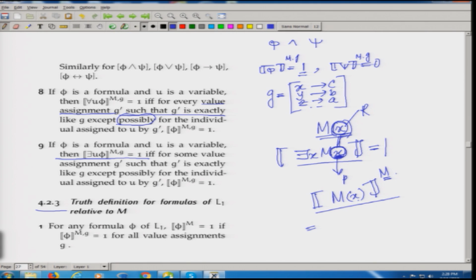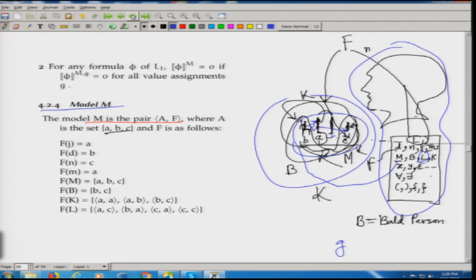But the moment I add g here, it is either true or false, because now x has got a meaning. What is it? x will now be c. So basically it means the denotation of M with respect to M and g, because if the bases are not the same, we cannot calculate anything. That is the reason we need the base, which takes the denotation of x as a function, and x with respect to M and g. And we know the denotation of M from the model.